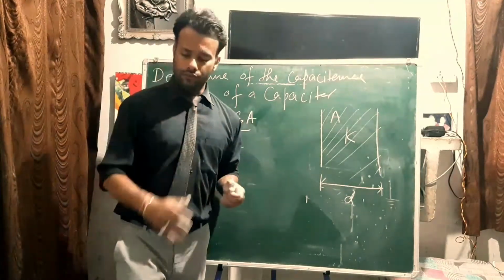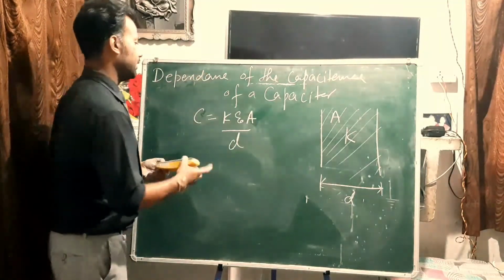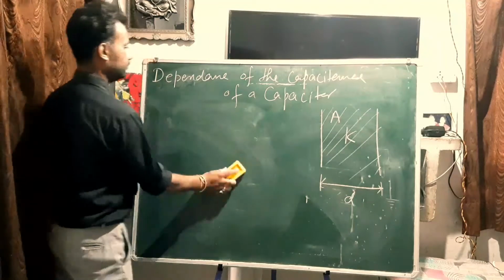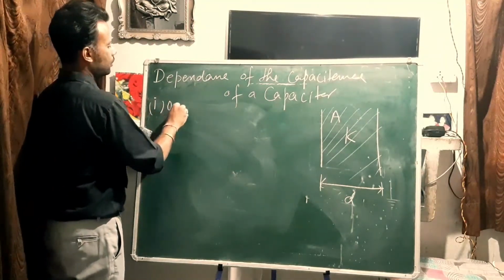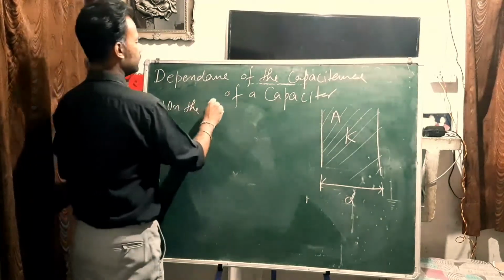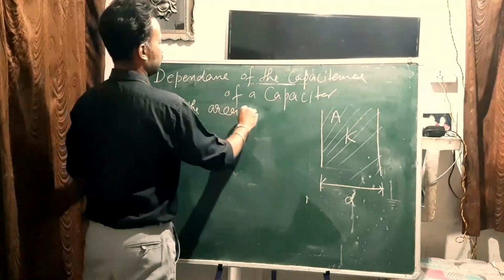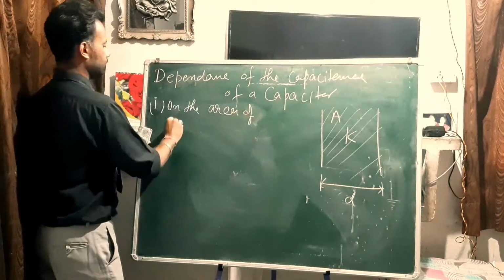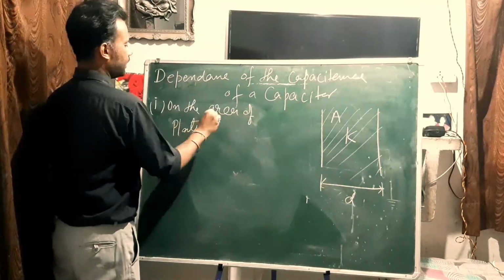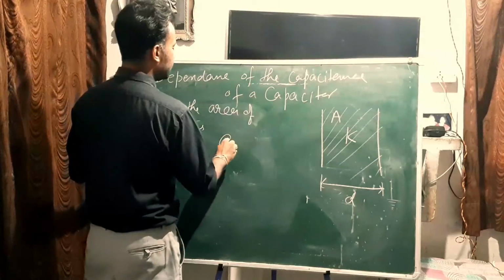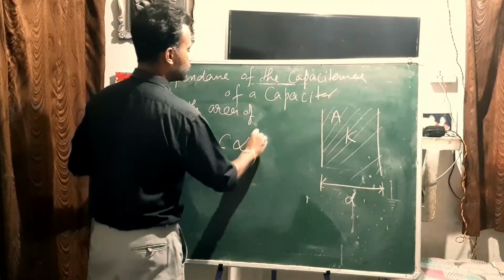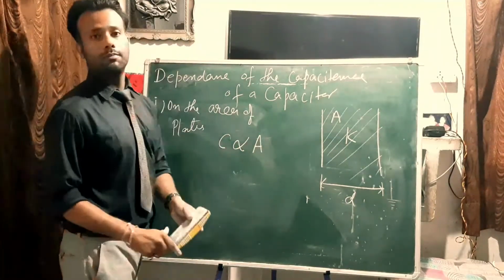Let's first talk about the area of plates. From the expression you will see that C is directly proportional to the area of the plates.